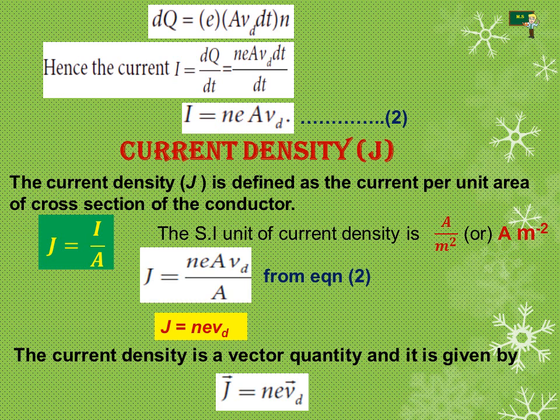Remember students, current is a scalar quantity but current density is a vector quantity.